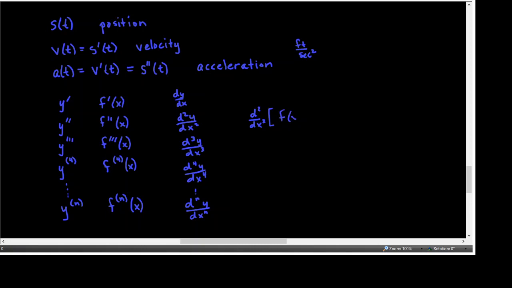So this means the second derivative of the function f of x. Kind of that notation that's used in derivative rules. So basically it's like that y comes down behind, which we'll call f of x, and the rest of it stays the same. And I'm not going to write all of those because it's not used that frequently. The ones I've written are the ones that are most frequently used.